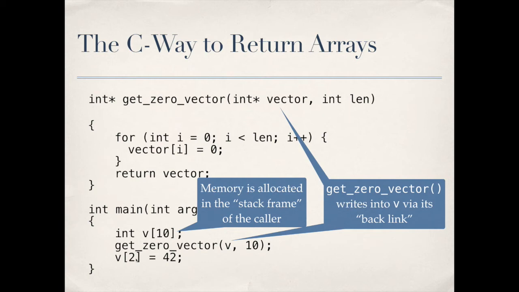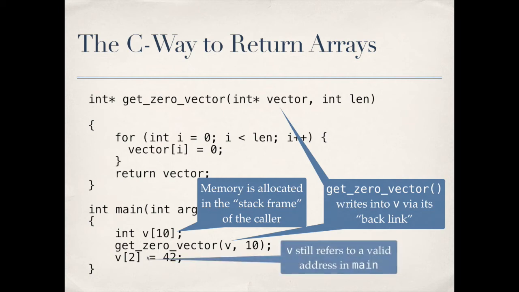And now, since v is still valid in here because we are still in the function main, we could safely access the value of position 2 of v. And this is still a valid address, namely an address in main, and not, as before, an invalid address of the function getZeroVector, which is already history at this point in time.